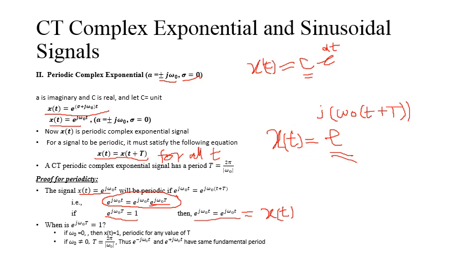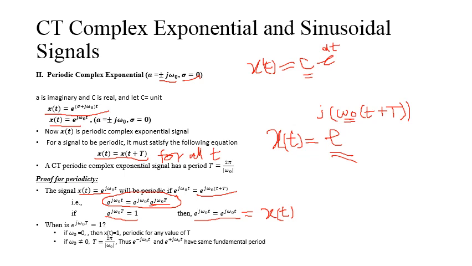Because when omega naught equals 0, omega naught t is 0, and e power 0 is 1, which is a constant.